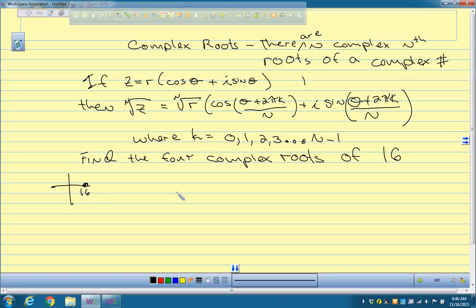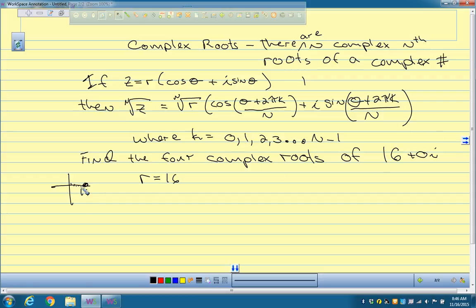Okay, so then I know that theta. I know the magnitude r. What's r equal to? So r is equal to 16 because it's just out this way 16 units, right? Or I could do, because it's like 16 plus 0i, right? So I could do 16 squared plus 0 squared, take the square root of it.